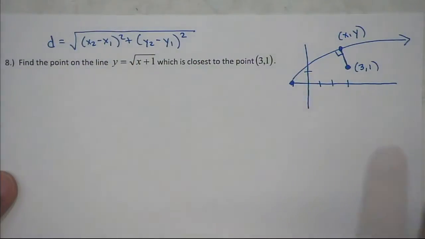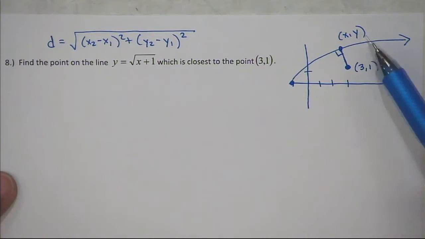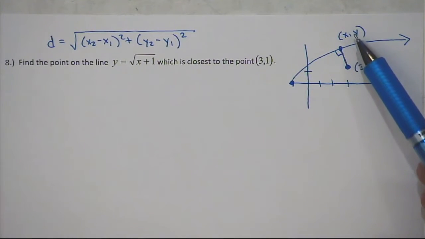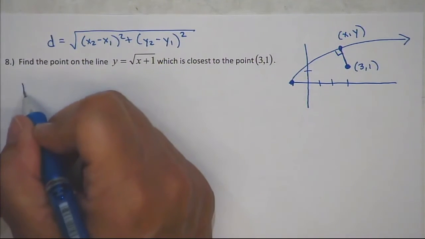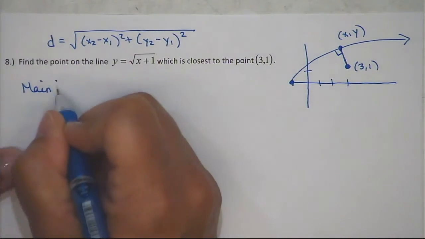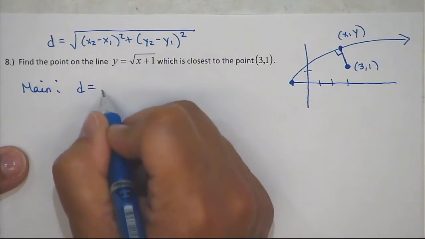So we're going to substitute in our values. One of our points is 3, 1, and our other point is x, y. That's what we are looking for. So we're going to substitute that in. That will be our main equation.